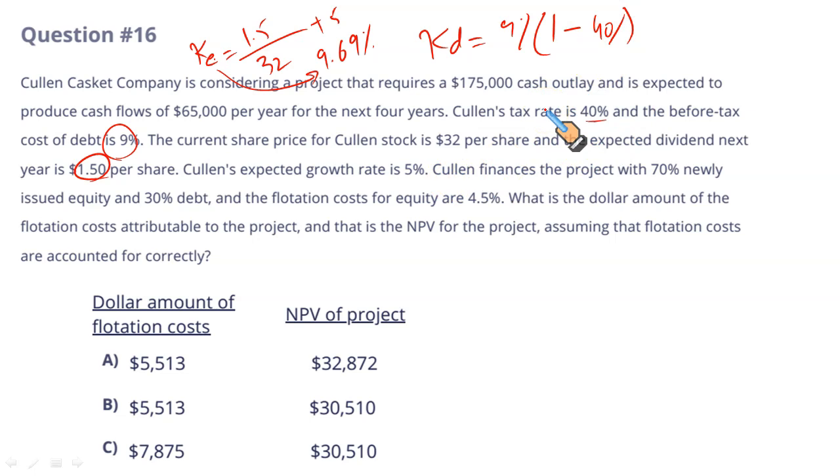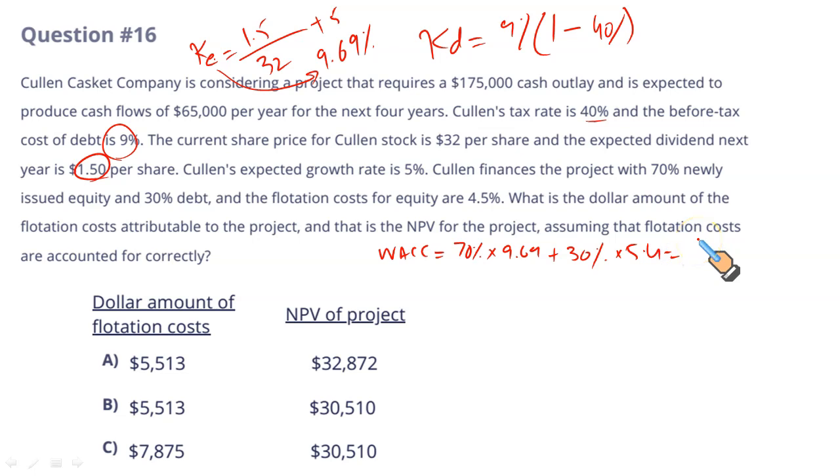Now you can directly embed the numbers in your weighted average cost of capital, and that would be the basis to calculate your NPV. So we know the weighted average cost of capital in this case: we have 70% equity at the rate of 9.69 and we have the remaining 30% of debt, which is equal to 9 times 0.6, 5.4.